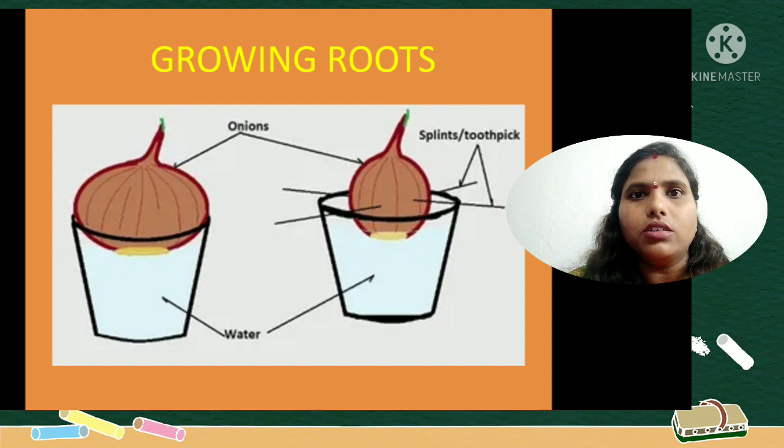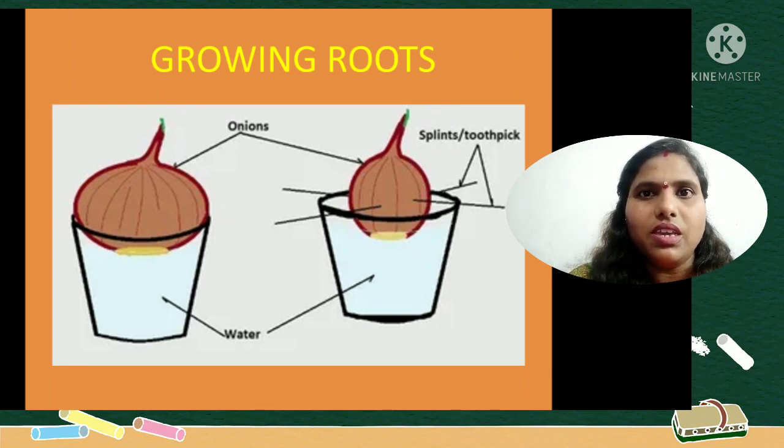Take some water in that glass and keep the onion in an inverted position on that glass. We have to allow the water to touch the backside of the bulb, meaning the growing region.